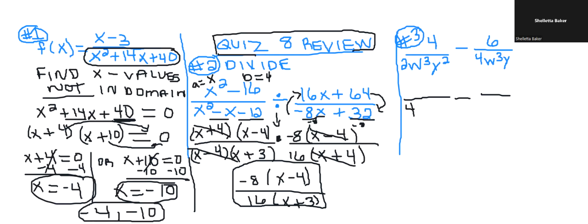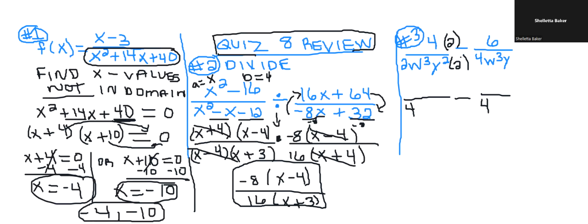Okay, so we want 4 to be in our denominators for that numerical part, right? This denominator of the fraction on the right already has 4, but the fraction on the left side does not. So that means we have to multiply that fraction on the left by 2. And since we're multiplying by 2 in the denominator to get the 4, we have to also multiply the numerator times 2.